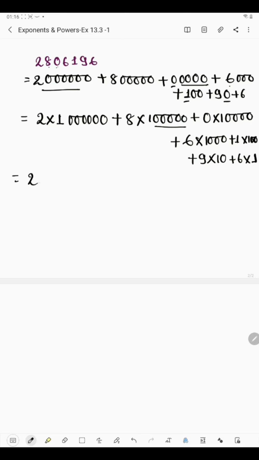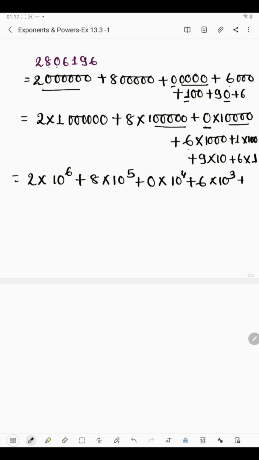Now we will write in power form. Since 6 zeros are here, the power of 10 will be 6. Then it will be 5. Then it will be 4. We will write this number, and with this we will write this. Okay, now we have 6. We'll write 6, and then the power of 10 will be 3, because 3 zeros are there. This way it will get decreased.